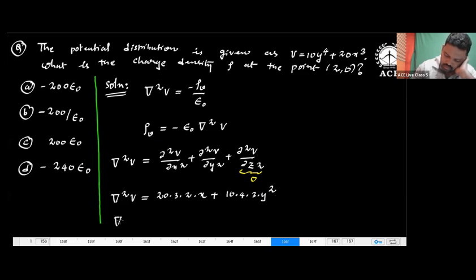So here, del square V is equal to, how much is that, beta? Sorry, 120x plus 120 y square.